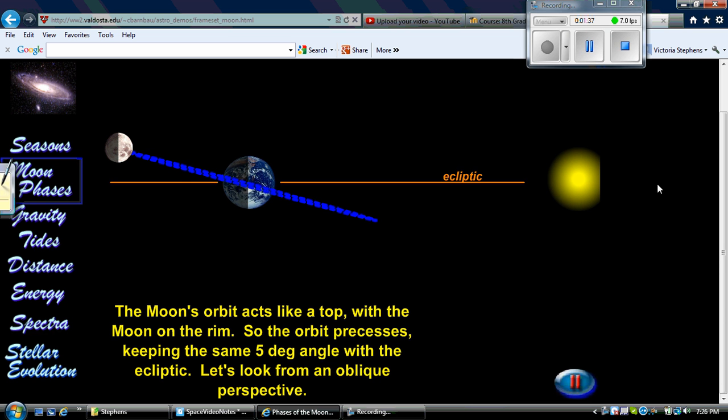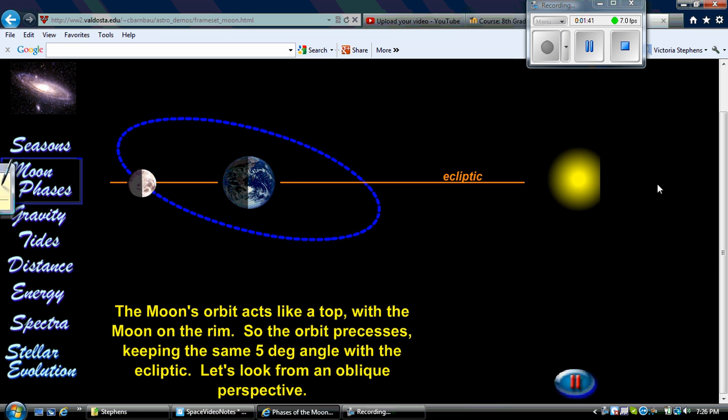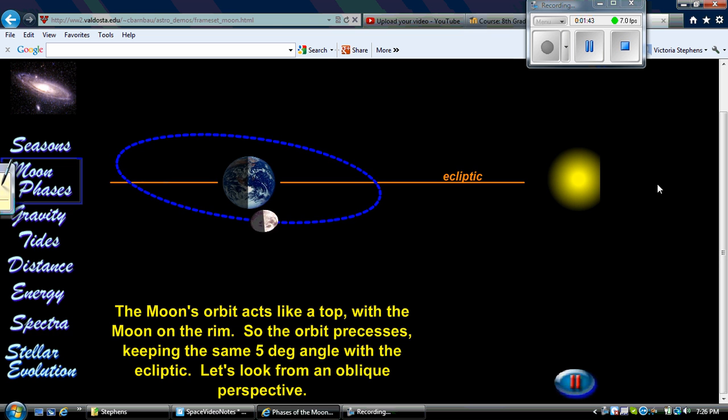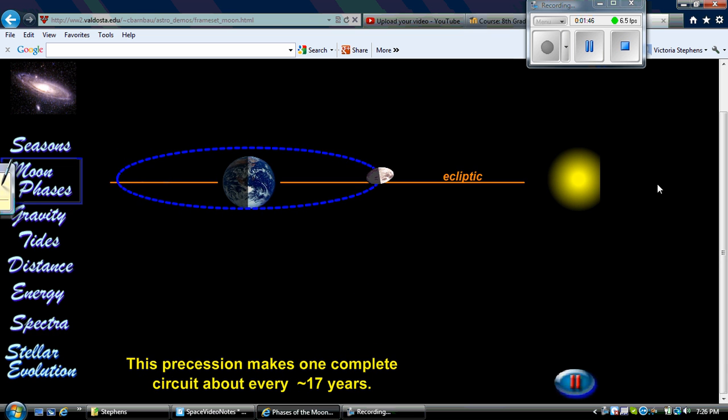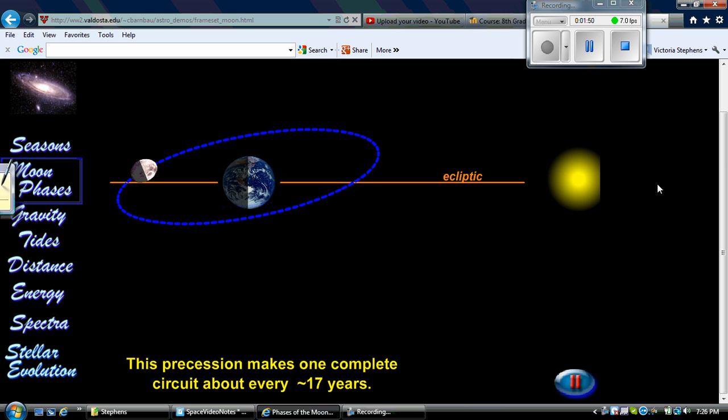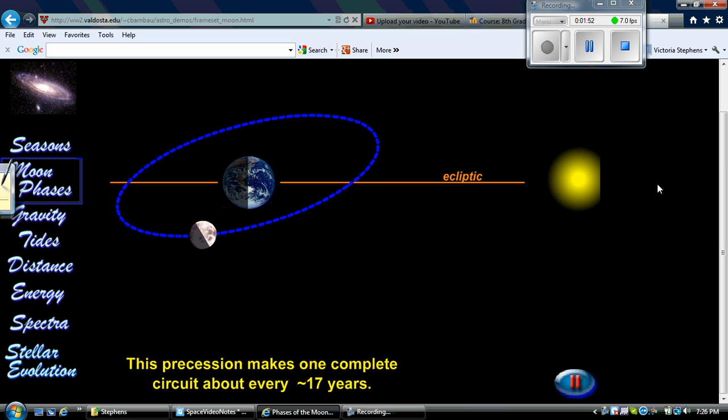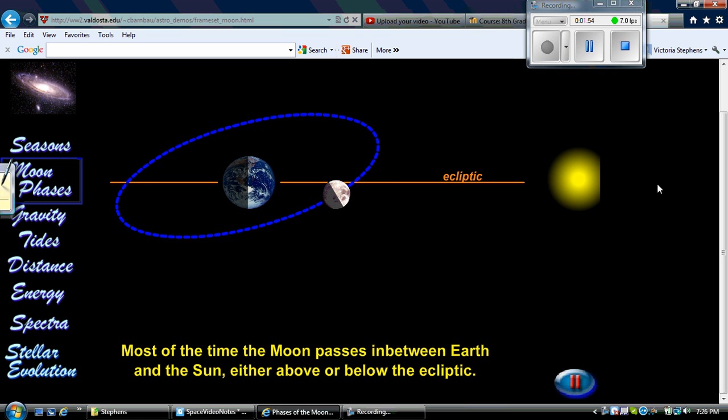So keeping the 5-degree angle with the ecliptic, let's look at the moon's orbit. Every once in a while, it'll make a complete circuit, about every 17 years, where the moon and the Earth and sun are in complete alignment.